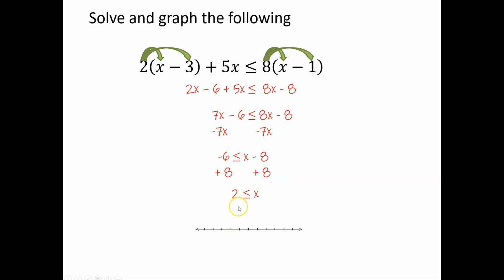How do we graph this? Well, we find 2. That's less than or equal to x. So there's 0, here's 2. It's a closed circle. And the numbers that are x is bigger than 2, so the numbers bigger than 2 are on this side.